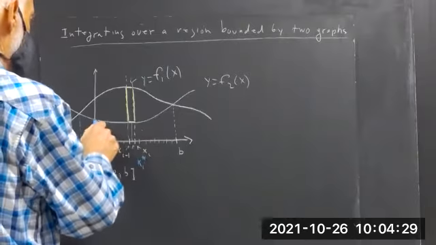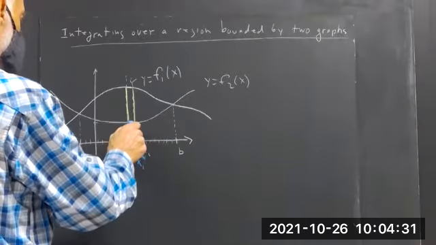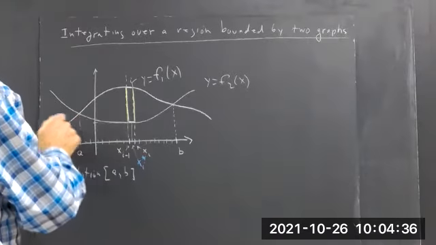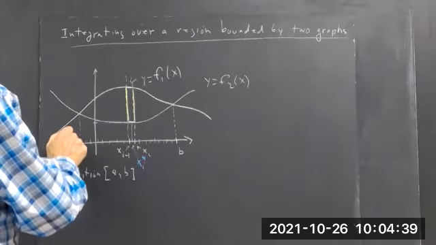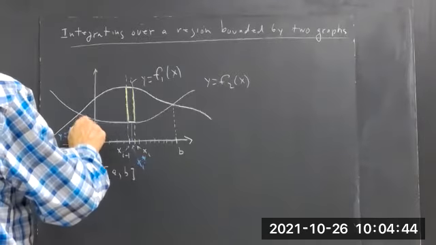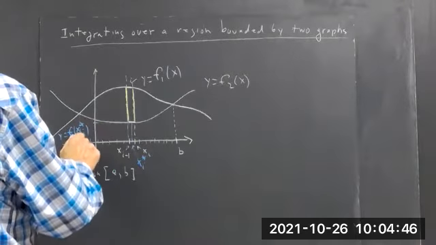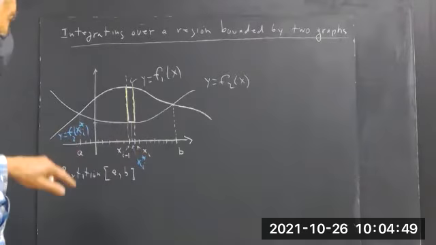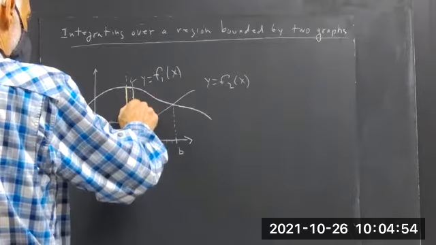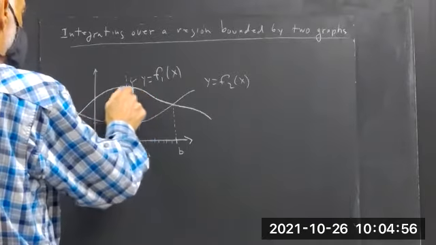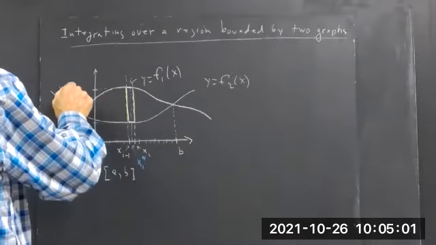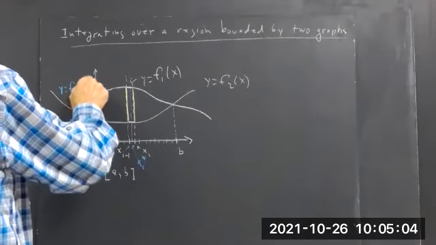And we take our sample point and we determine the y coordinate of the sample point. So here the y coordinate would be y equals f2 of x i star. Up there, the y coordinate would be f1 of x i star.